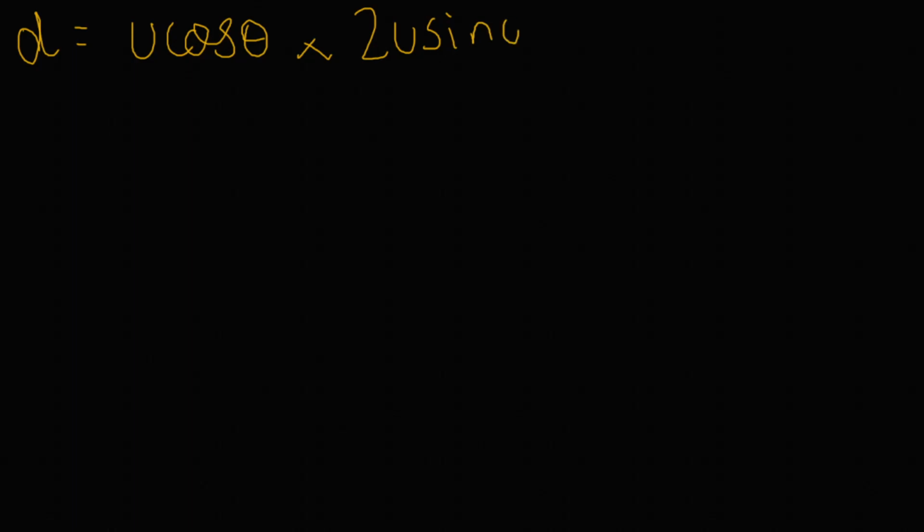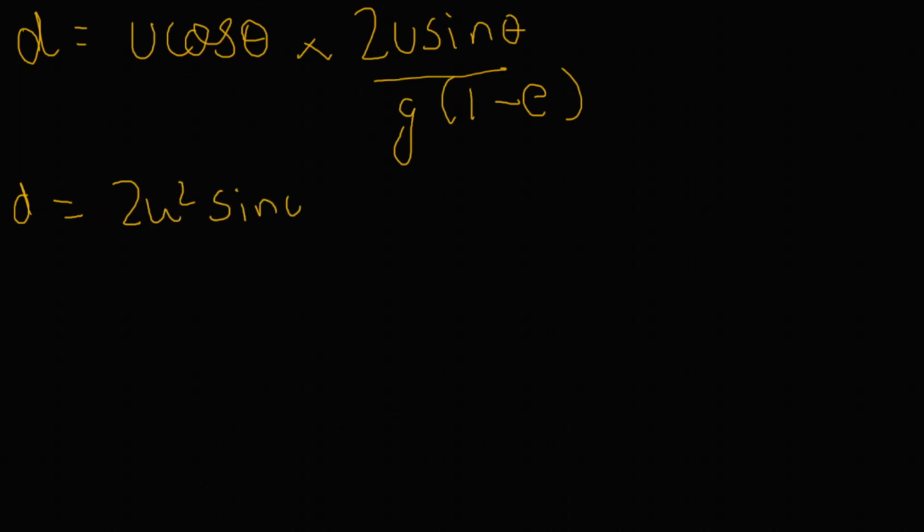So total displacement is given by u cos theta, that is the horizontal velocity, into 2u sine theta by g into 1 minus e. This is what we got. So we get d equal to 2u square sine theta cos theta by g into 1 minus e.